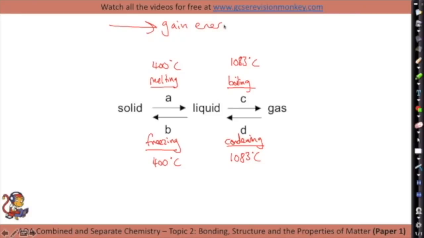So the particles are gaining energy to move from a solid to a liquid or a liquid to a gas, and the particles are moving more. They're already vibrating in terms of the solid, so we're talking about them moving more. And by moving more, they are overcoming the bonds that are holding them in place.